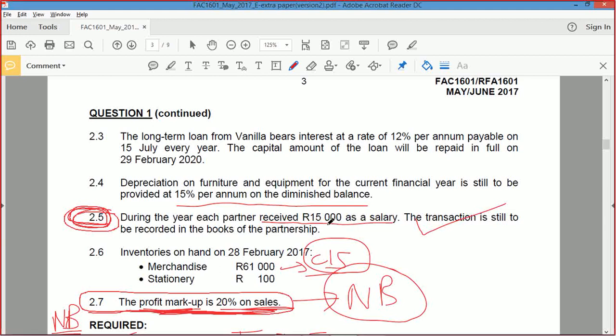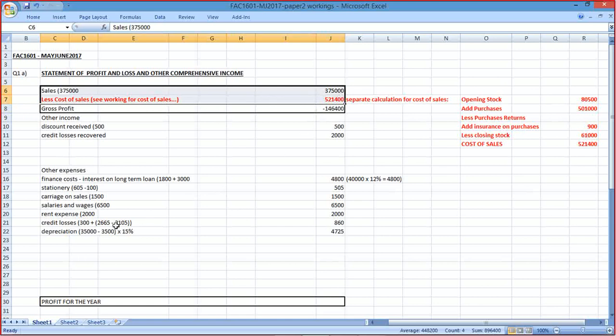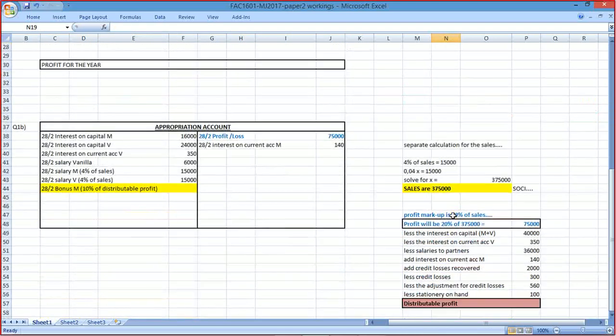It's difficult to say what they wanted you to use here, per year or per month. But I think maybe just to keep it in line with what we had earlier, which was per year, I'm going to keep it as per year. I'm not going to change it. So I'll leave it as, where was it? Here. Salaries to the partners as 15,000.